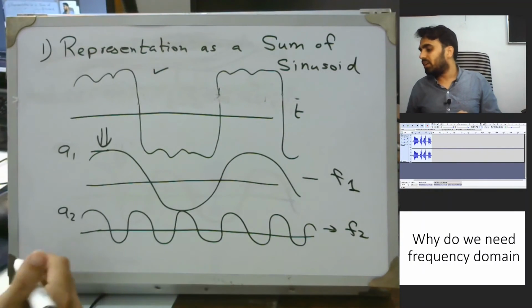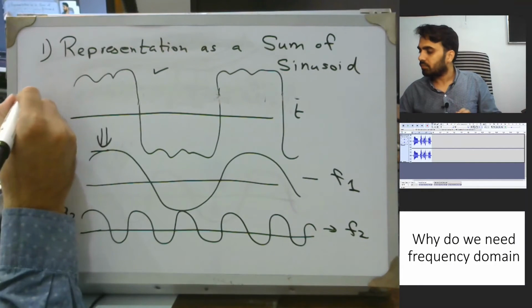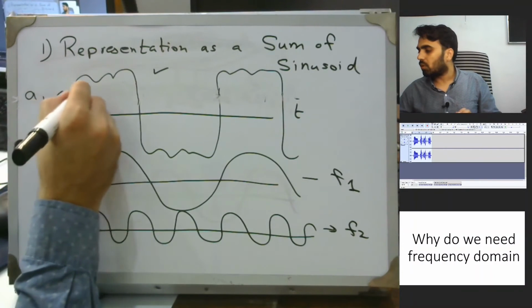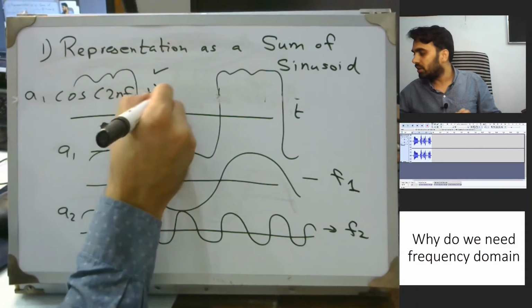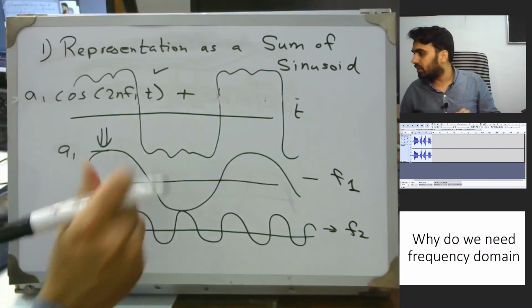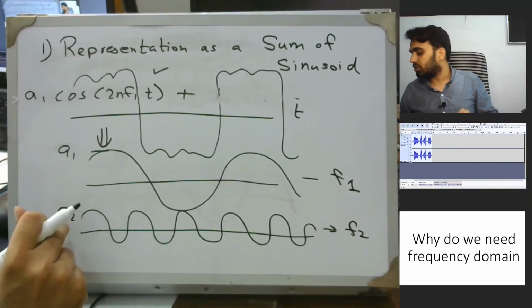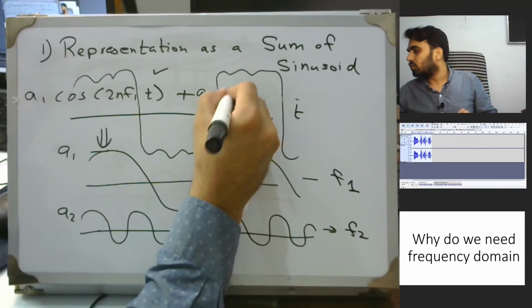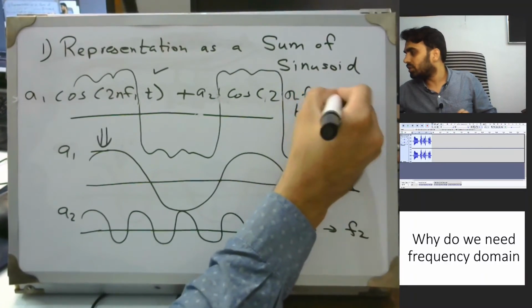Mathematically, we can write a1, and say this is a cos function, so we would have a1 cos 2 pi f1 t plus this signal. Again, say this is a cos function having an amplitude of a2, so a2 cos 2 pi f2 t.